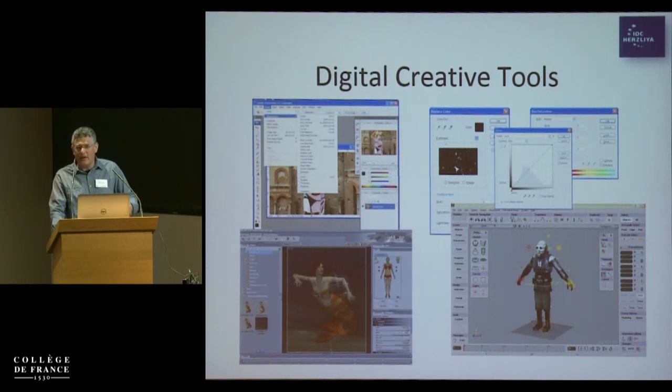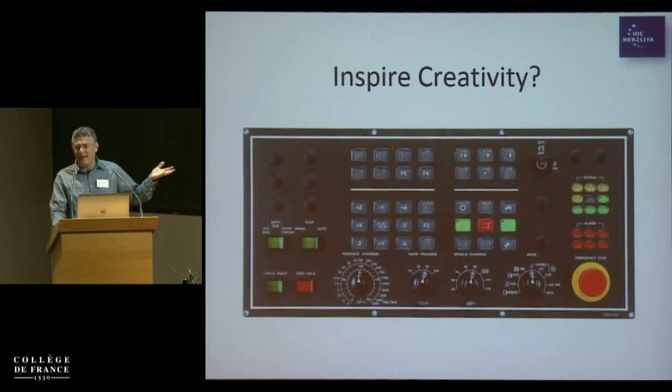When you talk about someone who wants to be creative, who wants to create stuff, I think this is not really the way that people want to deal with creative objects or creative doing. So these are control panels with many sophisticated functions that can change the way things look or the shape of things, but they don't really inspire creativity.